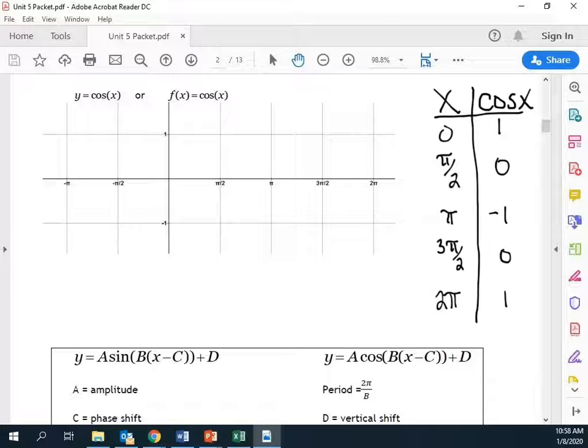So now we go ahead and plot these points. So at 0, we start at the top. Pi over 2, we hit 0. Pi, we hit negative 1. 3 pi over 2, 0. Back to where we started, to give us this type of slope.